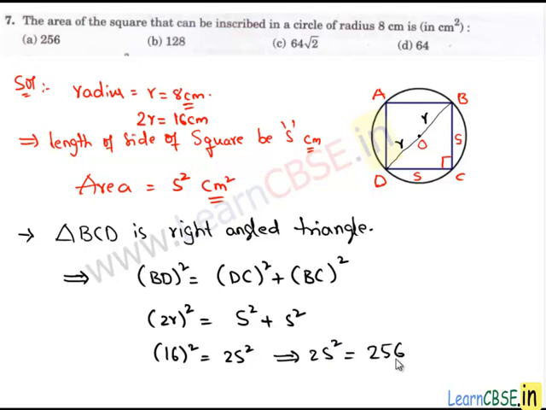To find the value of S square, we have to divide both sides by the coefficient of S square. Then 256 upon 2 is 128. Here the area of a square is S square, so we get the value of S square is 128. Since the units are given in centimeters, we have centimeters square. Option B corresponds to our answer.